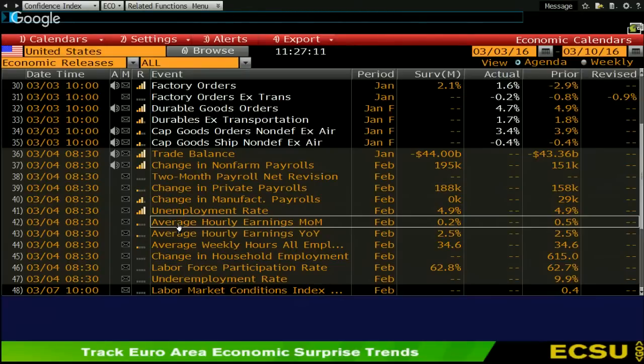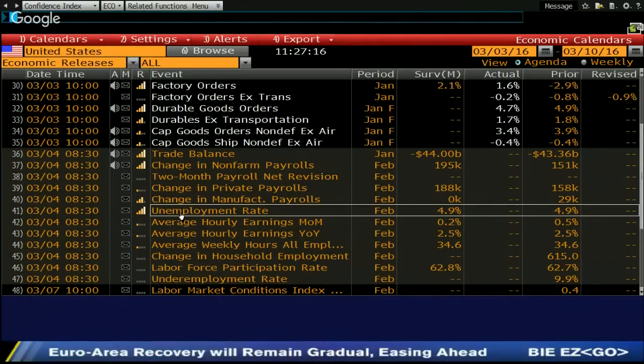The unemployment rate is expected to remain unchanged, but it could increase a little. So taking a look at all this, I still think that non-farm payrolls is going to miss expectations, and that there's going to be a greater risk of a downside than an upside surprise in the non-farm payrolls report tomorrow.